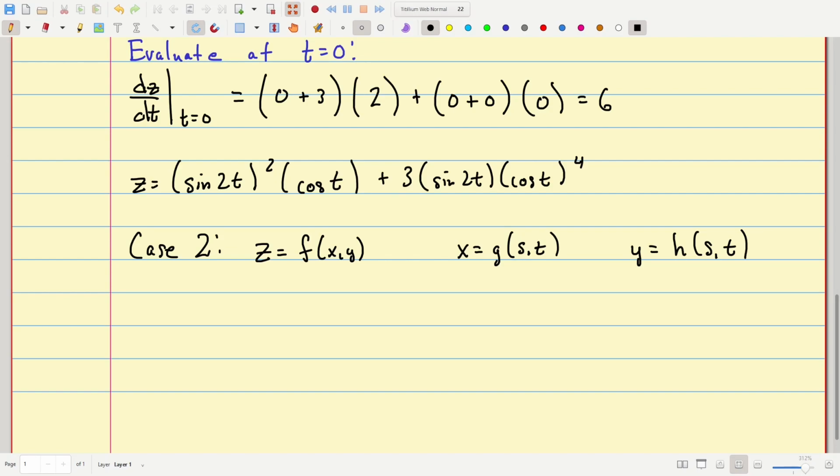Okay, so s and t are going to be what we want to be able to ultimately differentiate with respect to.